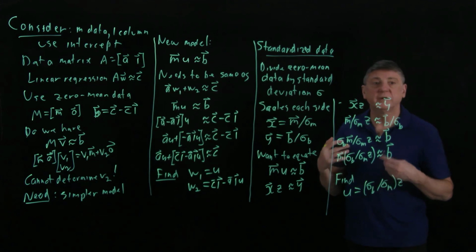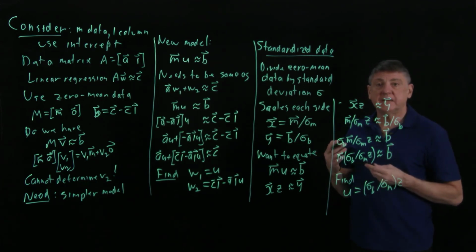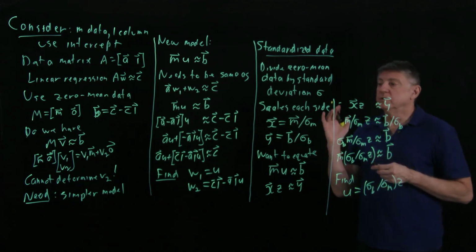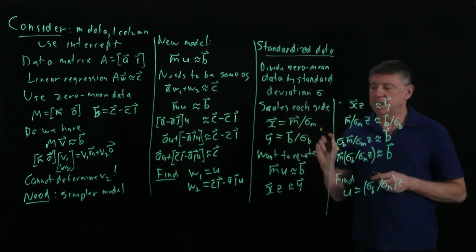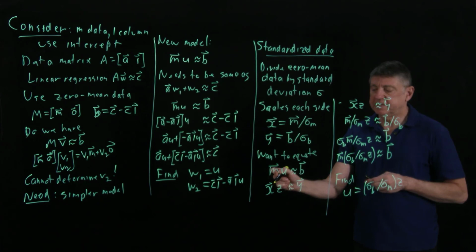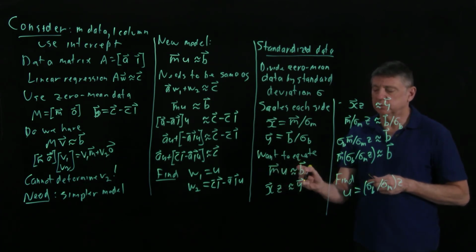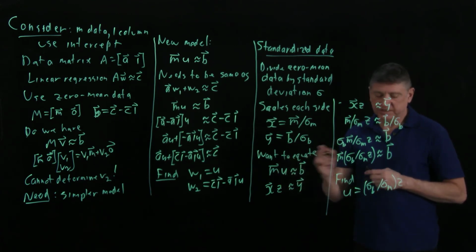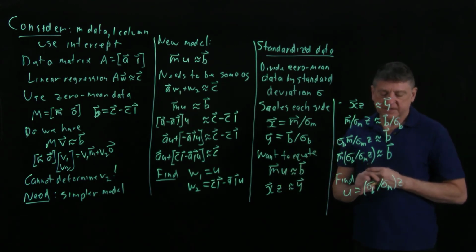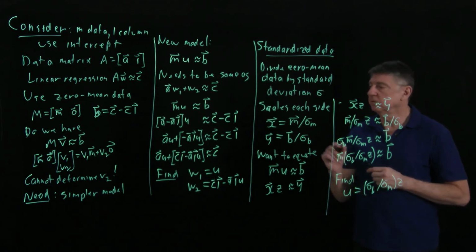So the way that we would handle standardized data is this. We would get the standardized data in the form x and y, so that we would then solve this regression. X, z is approximately equal to y. We would find z by using the normal equations. From z and the standard deviations, we would compute u.